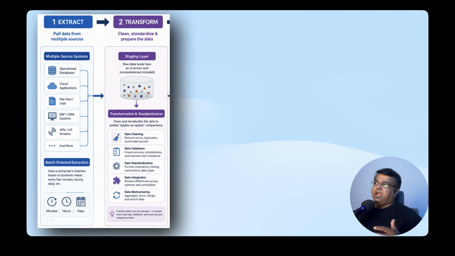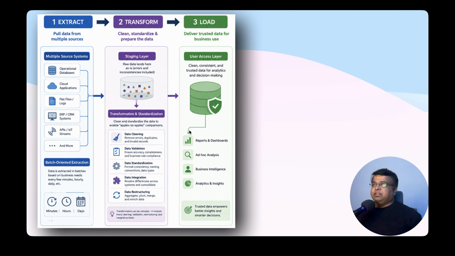There are a lot of cleaning, validation, restructuring and integration tasks that are involved, and later on we'll look at some common transformations you will almost certainly encounter in real world data warehousing projects. Once the transformations are complete, the final step is loading the cleaned and standardized data into the user access layer, where it becomes available for business intelligence and analytics. Now, traditional ETL does come with some challenges.